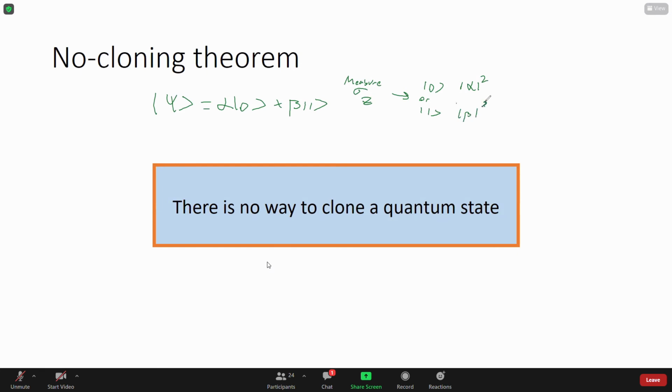So this doesn't actually tell us anything about alpha or beta, it just tells us 0 or 1. So you can't measure alpha and beta, because afterwards you have collapsed the state, it's 0 or 1, and the information about alpha and beta is completely gone. So this doesn't work.